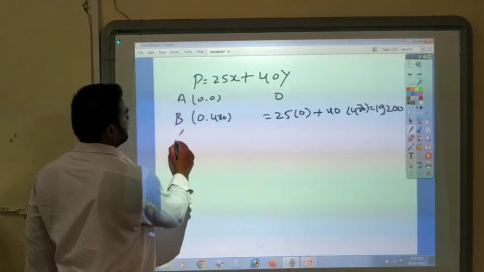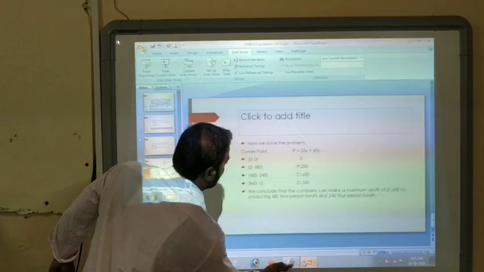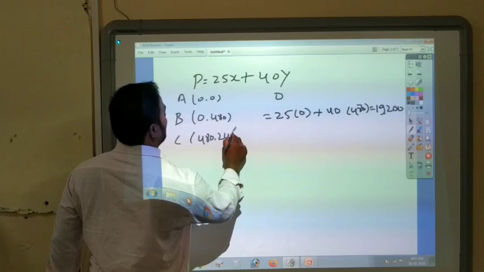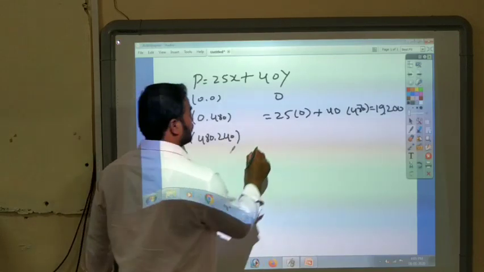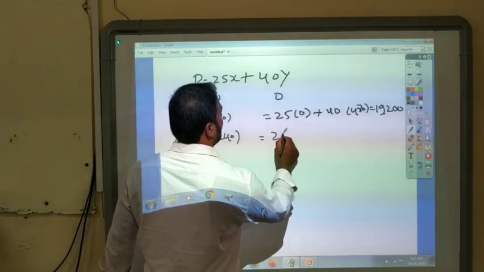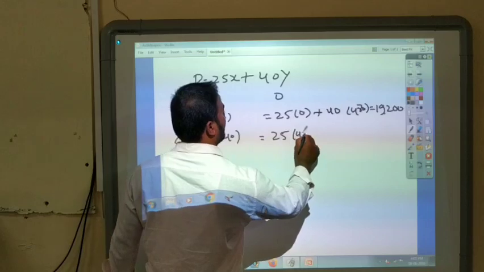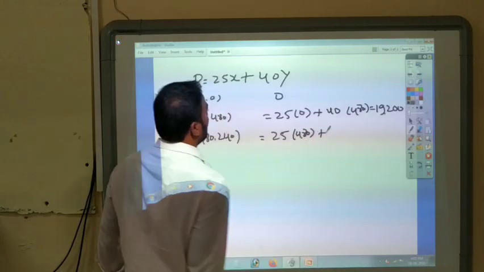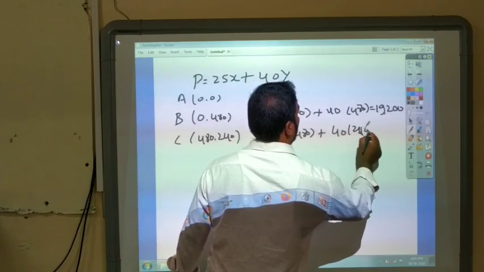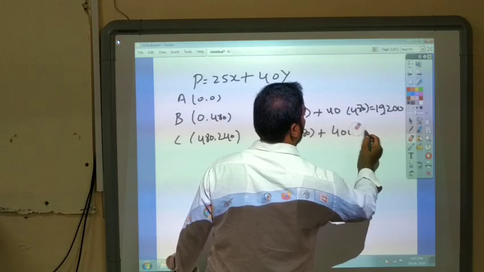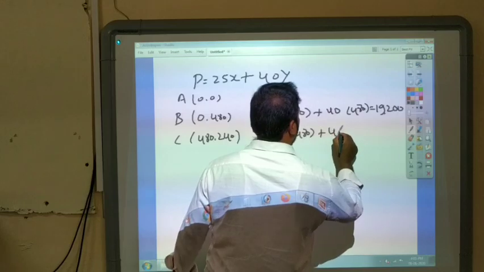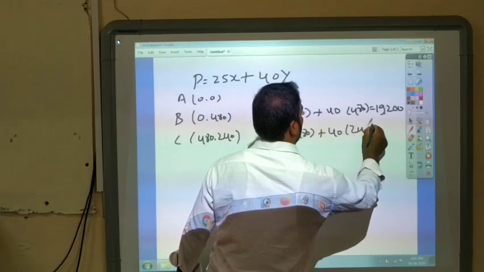When we are looking at corner point C, we have the values x 480 and y 240. When we are putting these values into the equation P is equal to 25x plus 40y, we got 25 into 480 plus 40 into 240, correct?